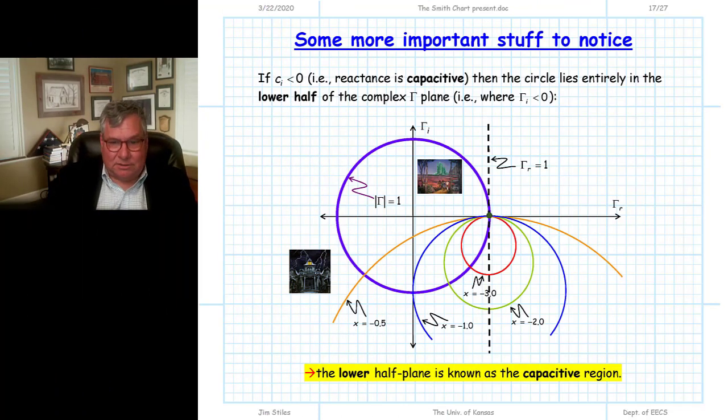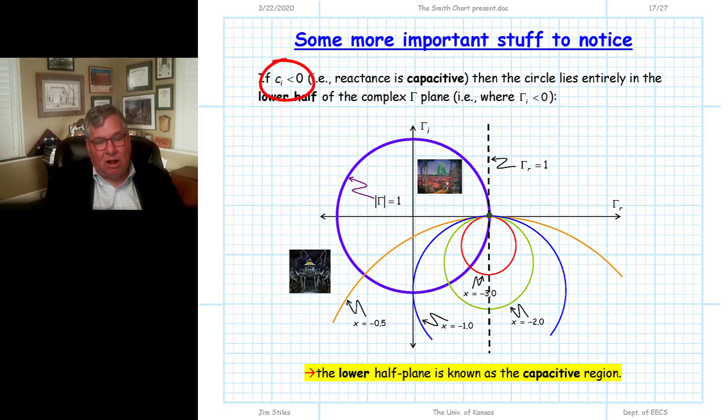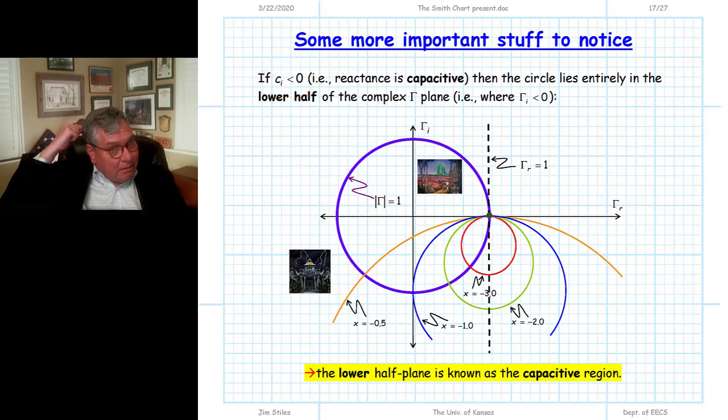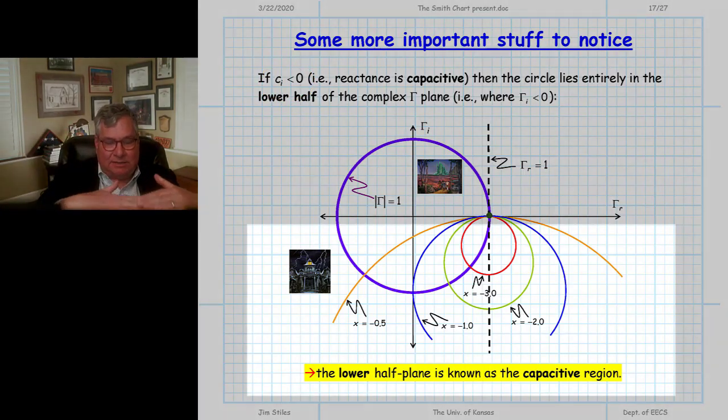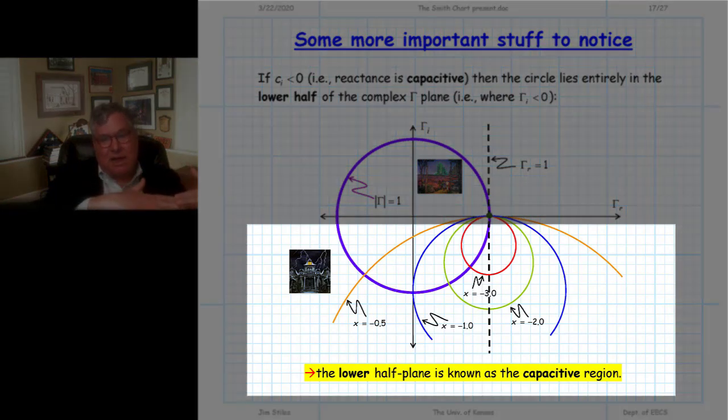All right, so now let's look at the other case, the case where the constant CI is a negative value. That would correspond to a reactance which is capacitive. In this case, we find all of the mappings of the impedances, contours, horizontal lines that are below the horizontal axis on the complex impedance plane.